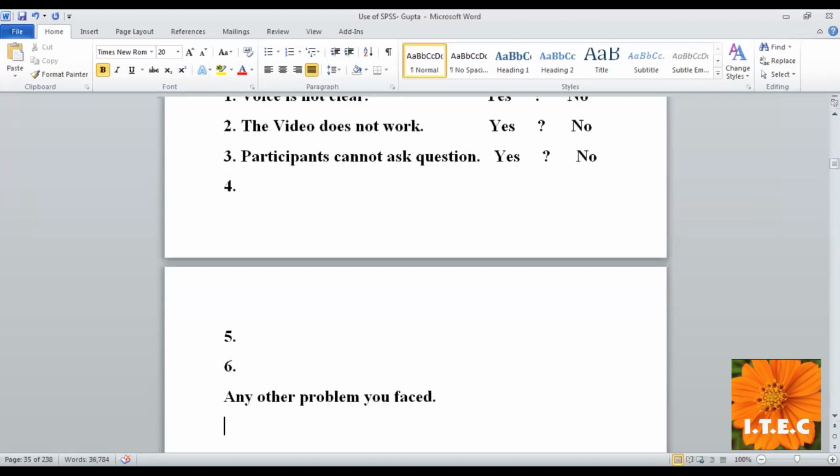Now your test, scale, and inventory can be standardized, but your schedule, interview schedule, observation schedule, and questionnaire can be developed, but they cannot be standardized.